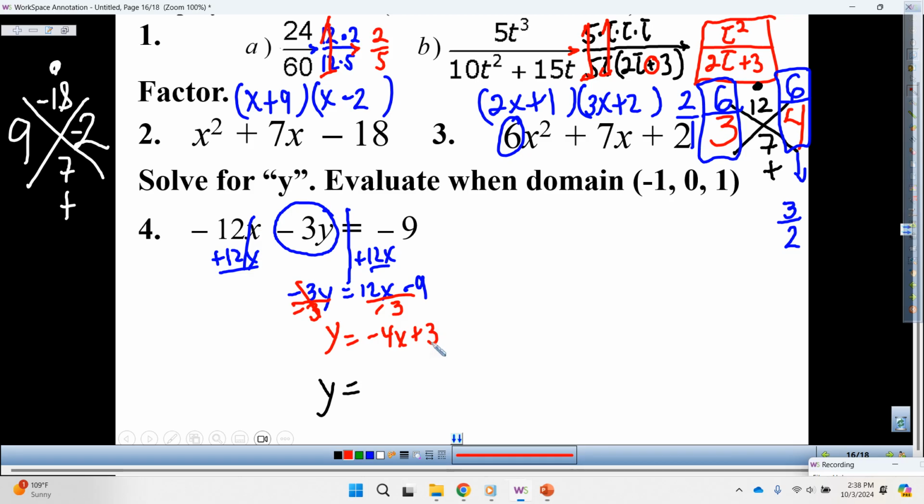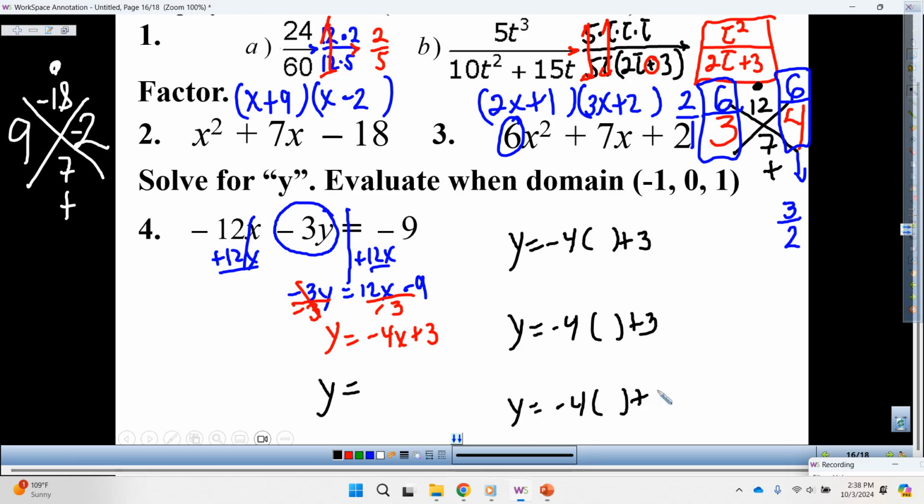And have you got that? All right. So then, now that we have our equation, we write it 3 times, but without the x. Why 3 times without the x, Mr. Q? Because the domain, or the x values that they give us, is negative 1, 0, and 1.